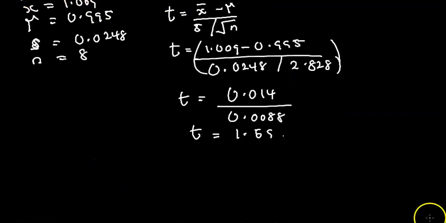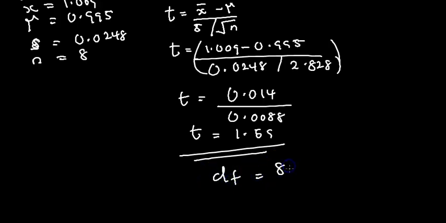When we come to the second one, our calculated value here is 1.59. And we said our degree of freedom is n minus 1, which is 8 minus 1, simply 7. The critical t value from the distribution table, with alpha equal to 0.05, is approximately plus or minus 2.364.